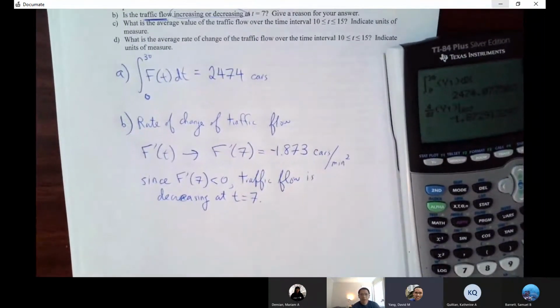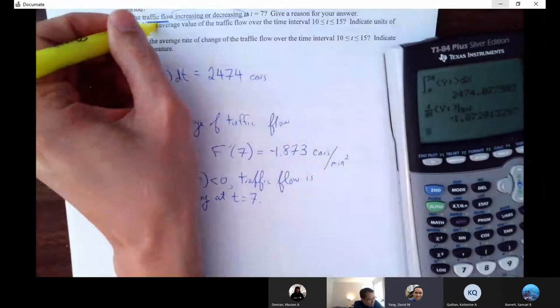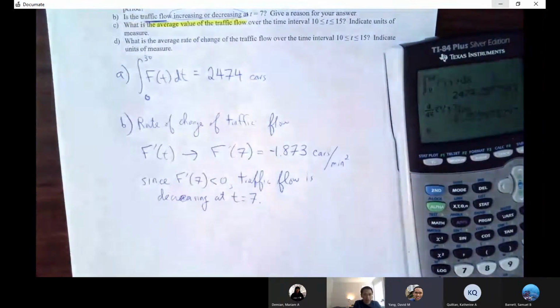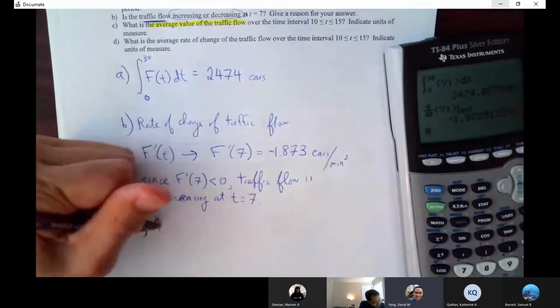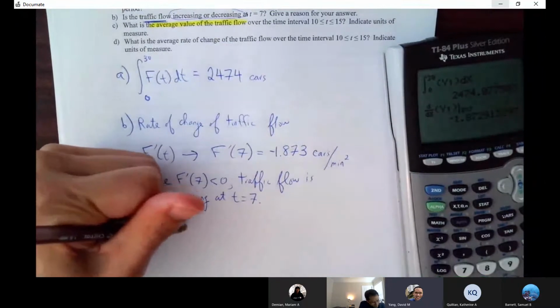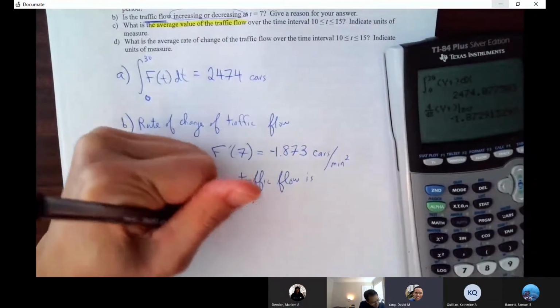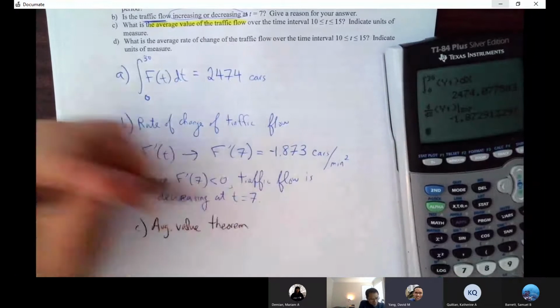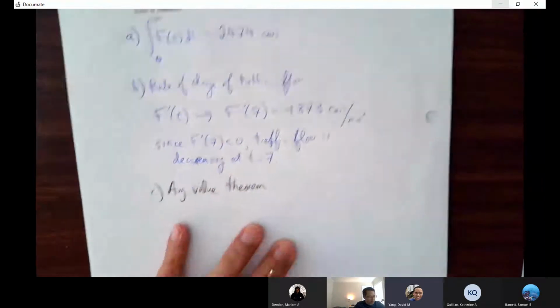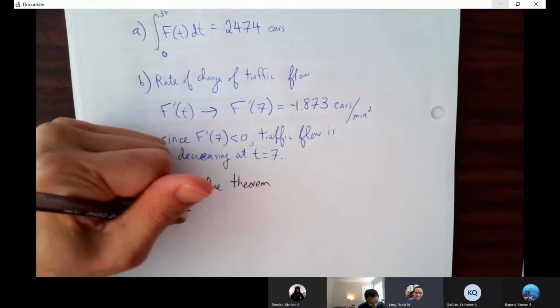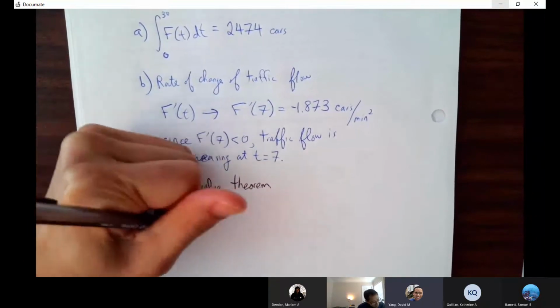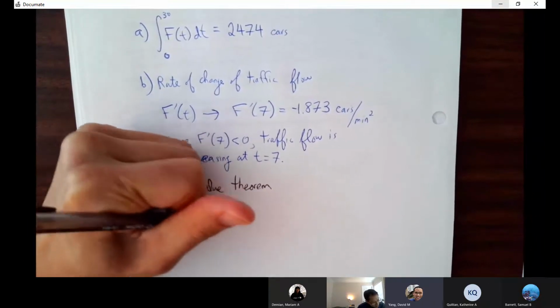All right, part C. What is the average value of the traffic flow? That's the average value theorem for part C. Average value theorem is just 1 over b minus a, integral from a to b of, in this case, f of t.